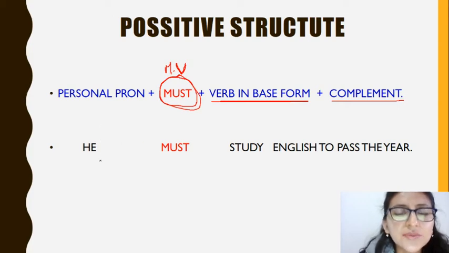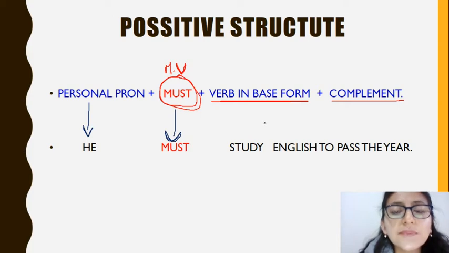What is the personal pronoun? Very good. He. What is the modal verb? Very good. Must. This is the modal verb. What is the verb in the base form? Very good. Study.